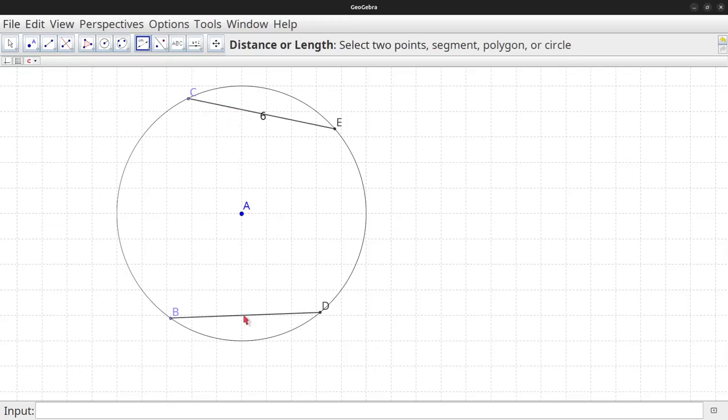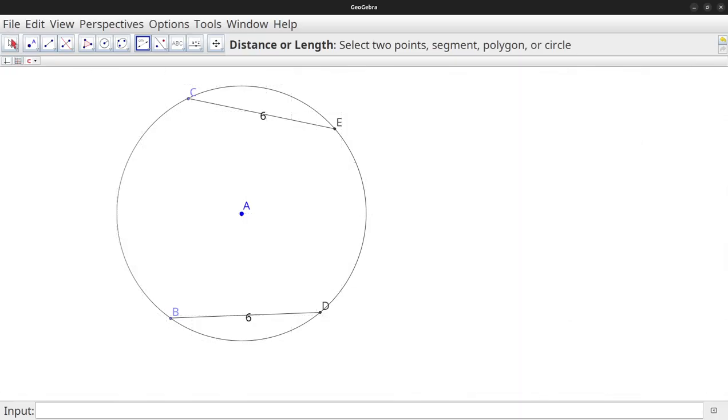That's 6. This one is 6, so they are both 6 units. Now we want to find their distance from the center.